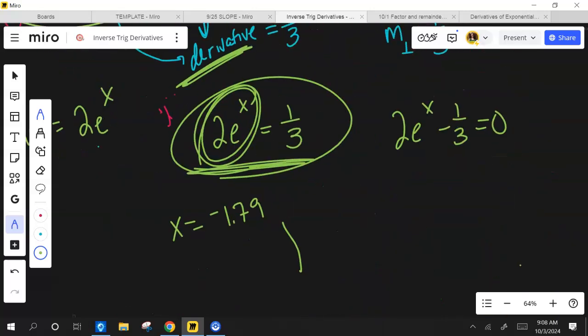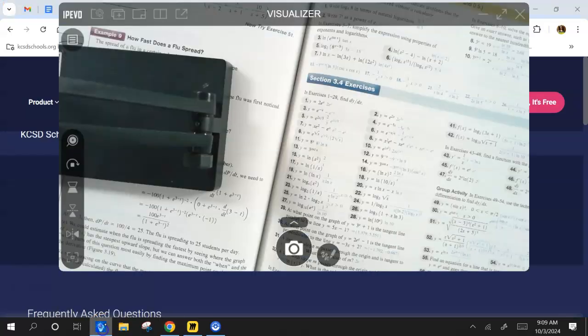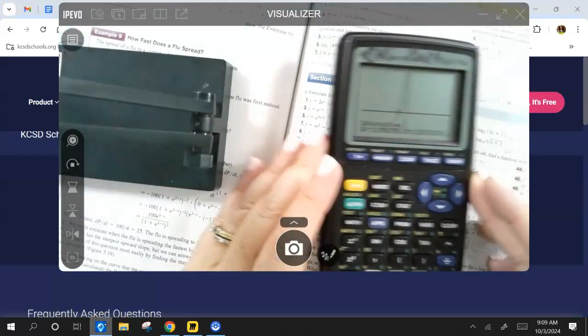Now, the other thing you can do, some people would prefer to do this, is you can set it equal to 0. This is an easy one to solve by hand, but it's also an easy one to illustrate how this works. Instead of doing 2 different lines and finding the intersect, you can just set the equation equal to 0. I don't know what y'all prefer.